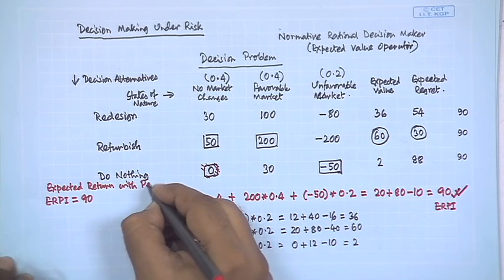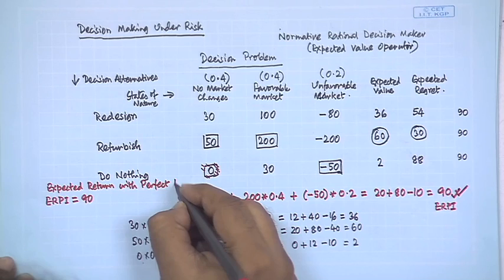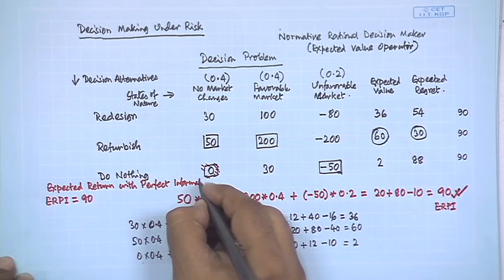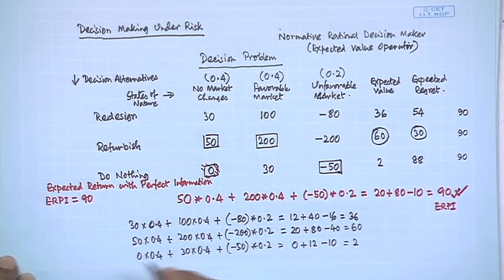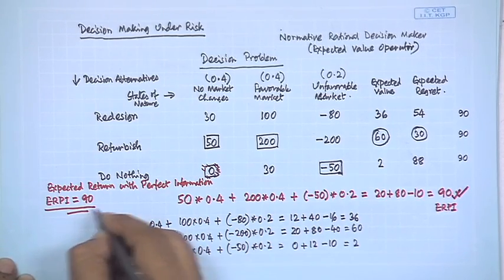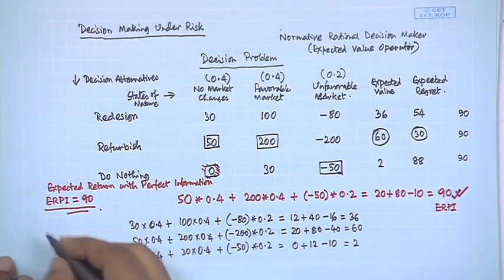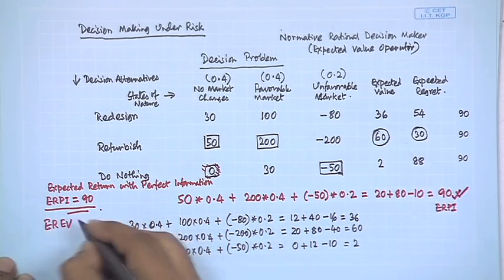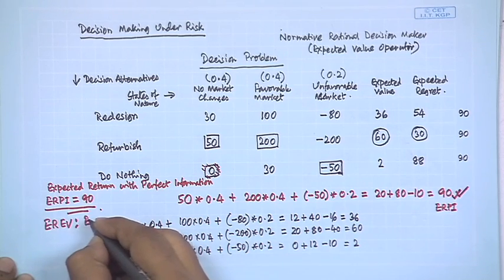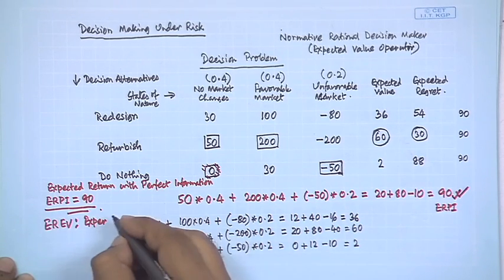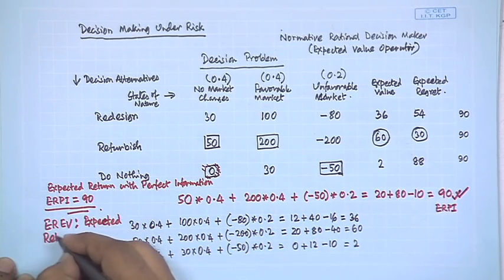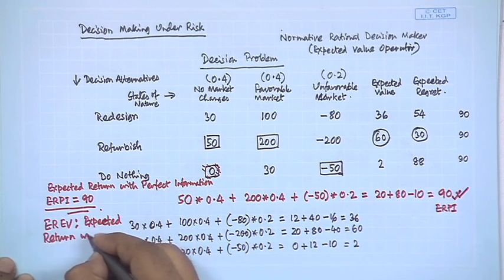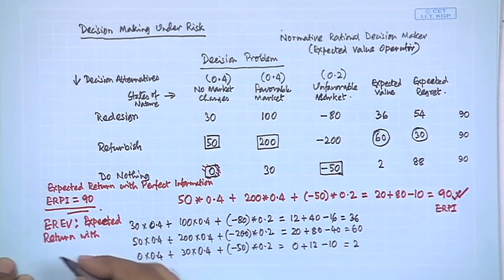That is the expected return with perfect information. Expected return with perfect information is 90. And the second one is the EREV. What is EREV? Expected return with EV or expected value approach.